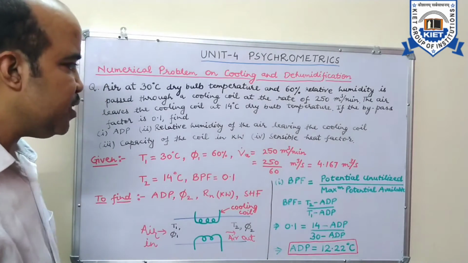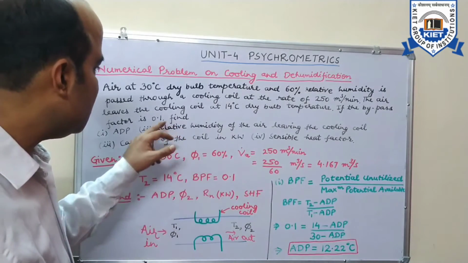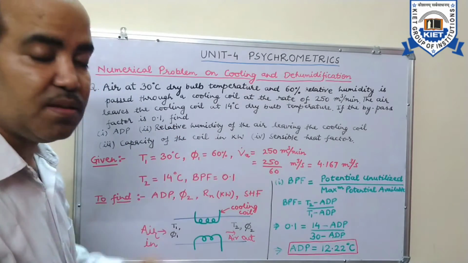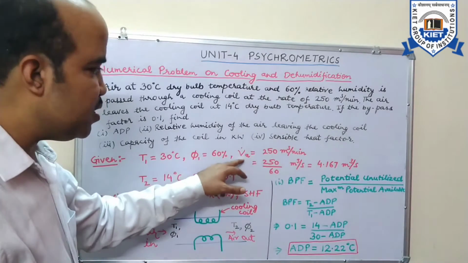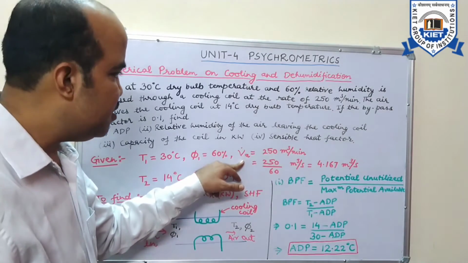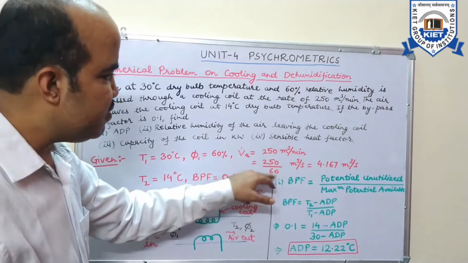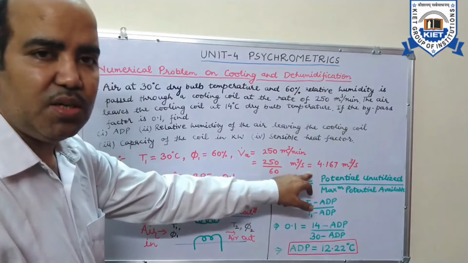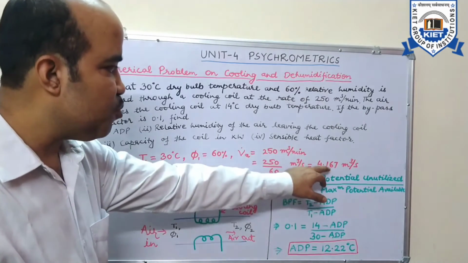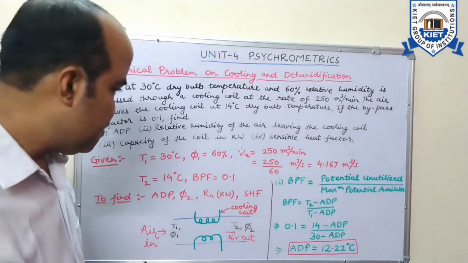Converting that into meter cube per second, because we want to calculate the capacity in kilowatt, so we have to convert the volume flow rate of air into meter cube per second. 250 divided by 60 gives us the volume flow rate of air as 4.167 meter cube per second.